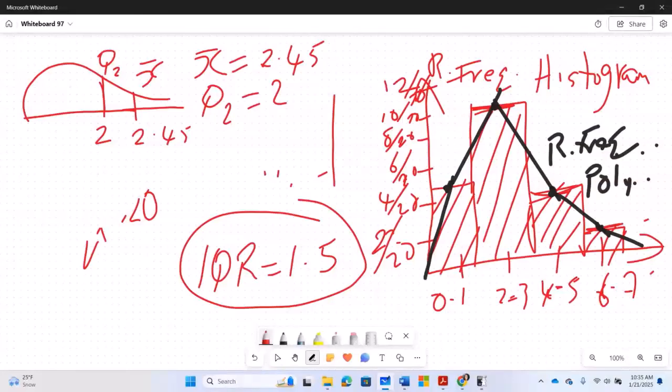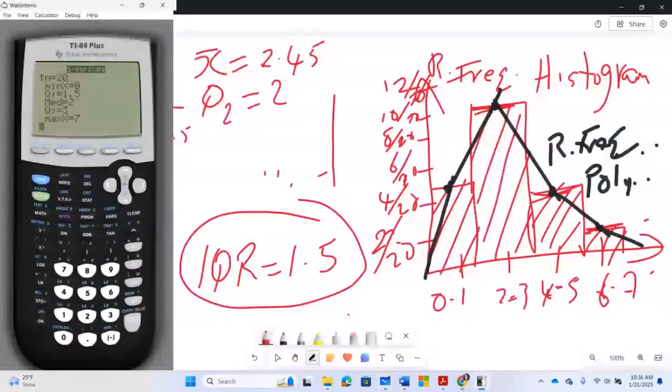I could be told to draw a histogram. If I'm told to draw a histogram of this data in my calculator, let me go ahead and do that. Remember, any statistical graph is in stat plot. How do I access the stat plot? I go to second, stat plot, and I like to take plot 1.